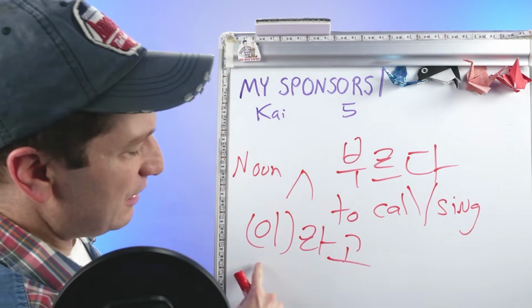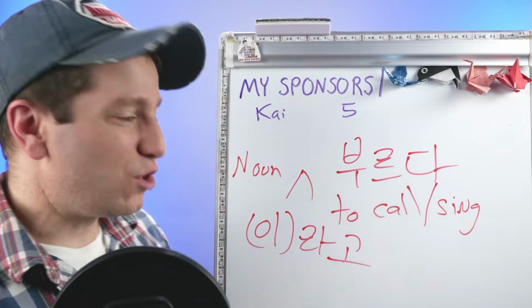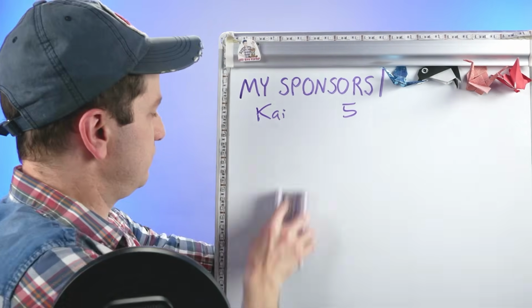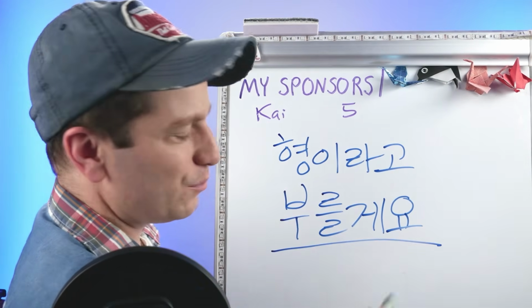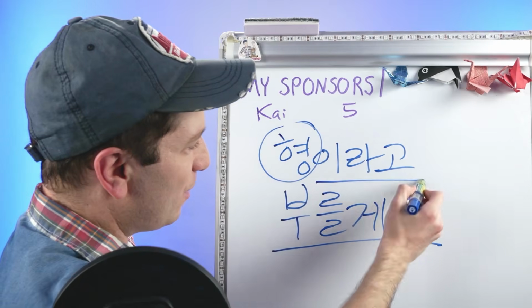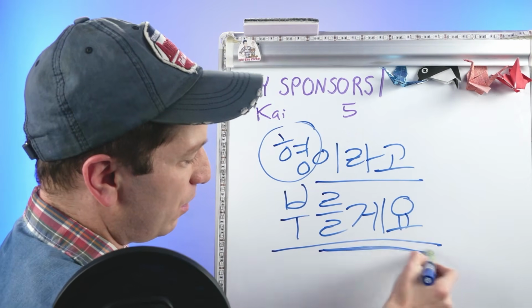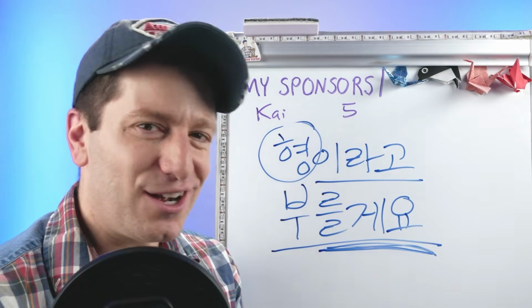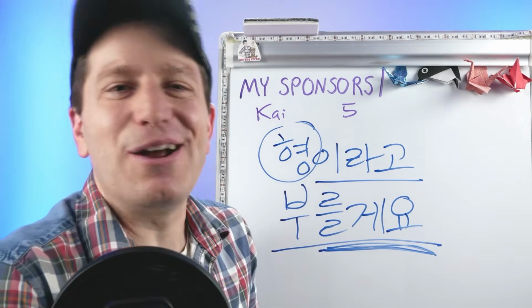So noun 이라고 부르다 is to call something or someone, whatever. 형이라고 부를게요. So 부르다 is to call. So 형, older brother, 형이라고 부를게요. So I will call, in this case, I'll call you my older brother. 형이라고 부를게요. I'm going to call you my older brother.